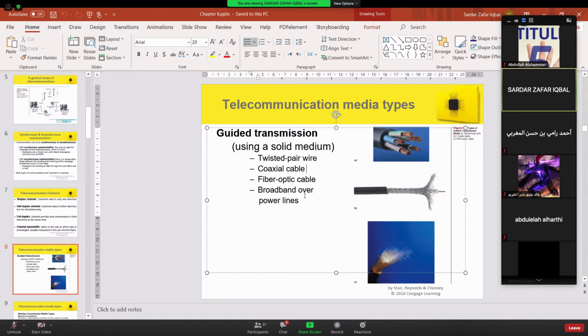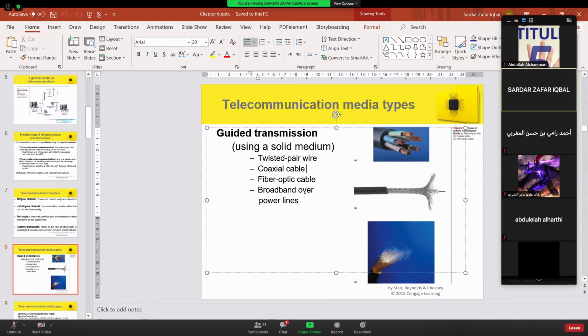Even today, some countries do not have optical fiber, so there you can notice the internet is very slow. The reason is that data cannot be transmitted as much per second as compared to fiber optic. They have different wires there. The last one is broadband over power lines.